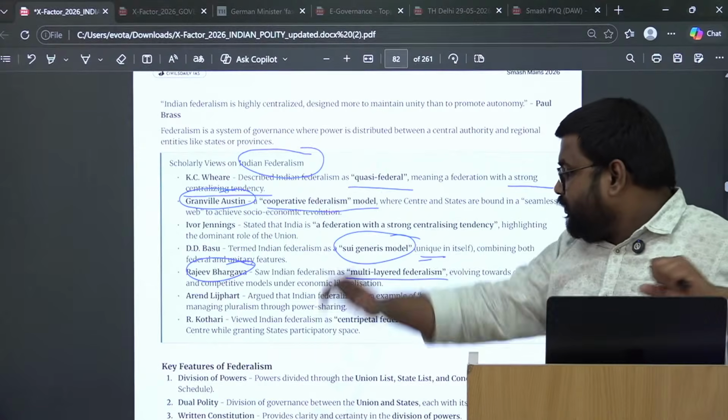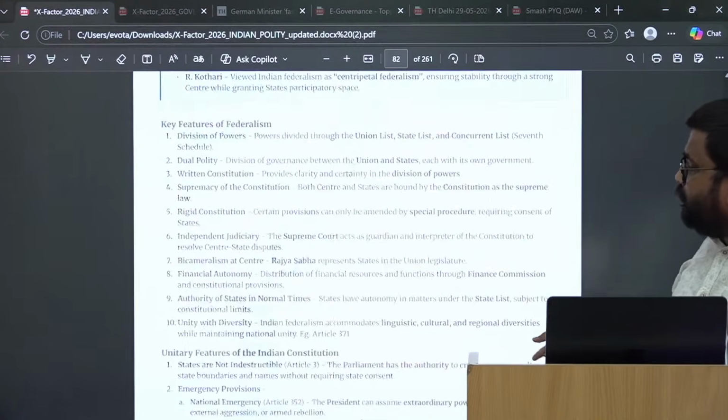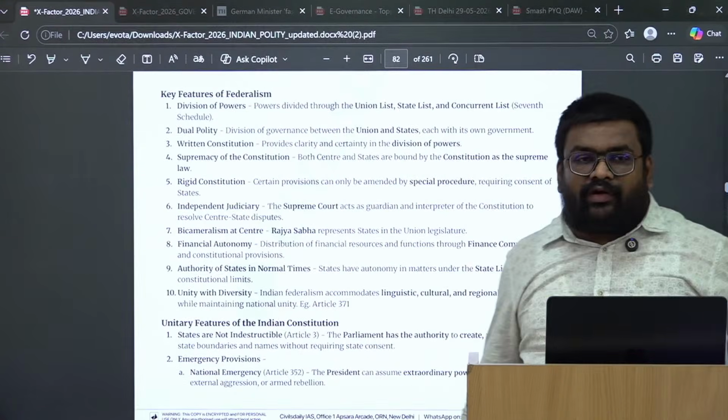ठीक है, दिस देन comes the key features of federalism.